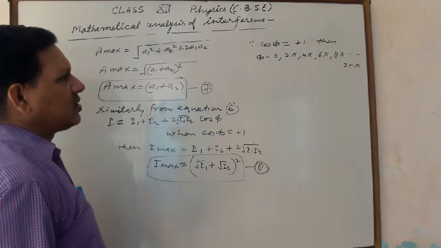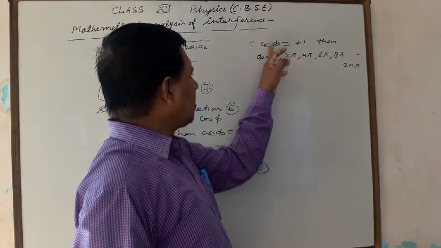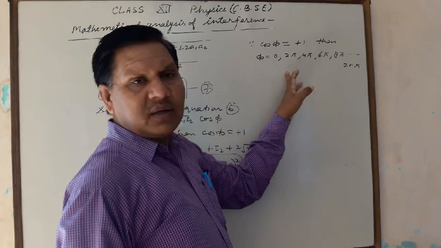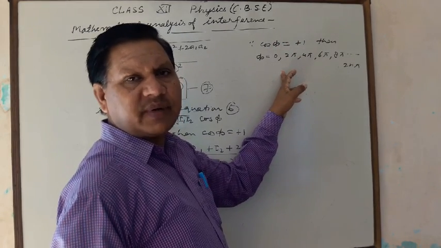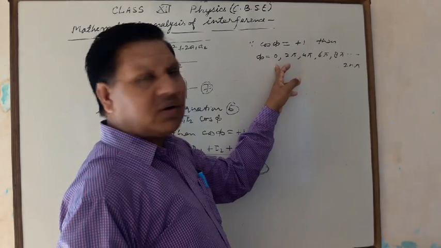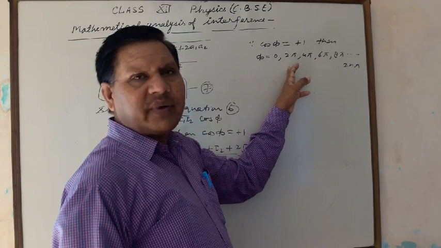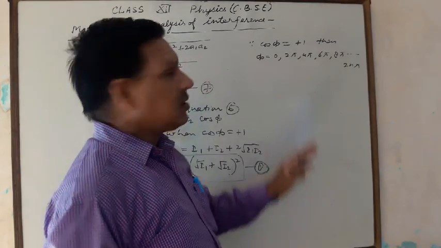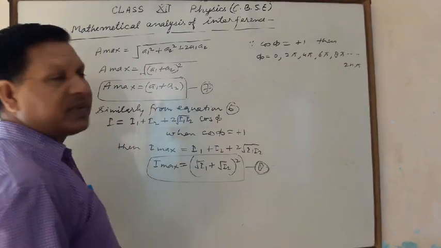Or you can say cos 0 is equal to 1, cos 2 pi is equal to 1, cos 4 pi is equal to 1. So we can say that if the phase difference between two waves is either 0 or an integral multiple of 2 pi, then the constructive interference phenomenon holds.